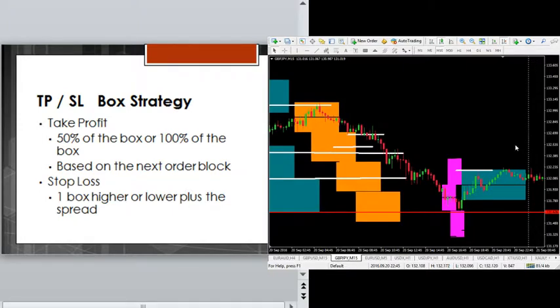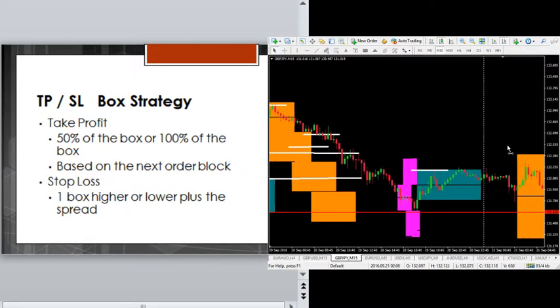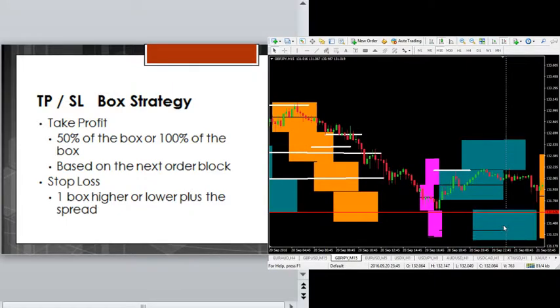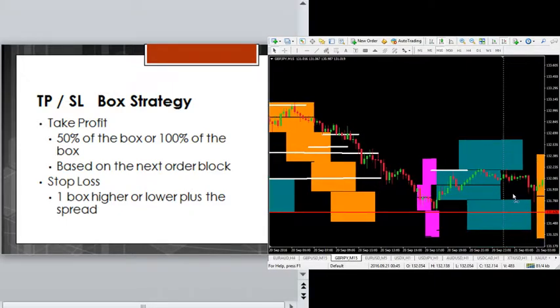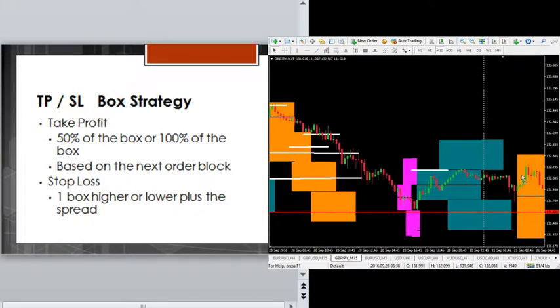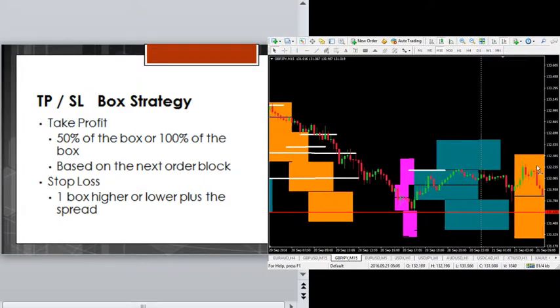Now on the final example, so let's plot one box up again and one box down. So as you can see here, there's a rejection. So every time there's a rejection, there's a possibility that it would stay within the box. So now it has been forming on the pre-London box.